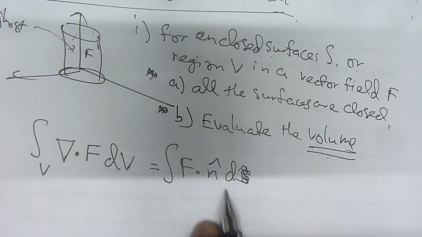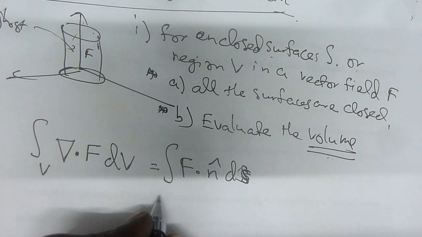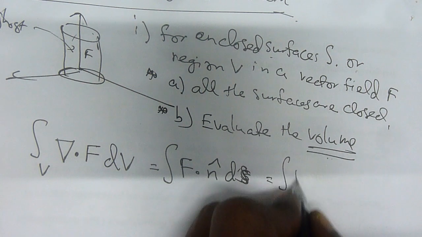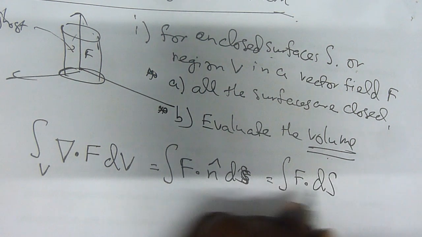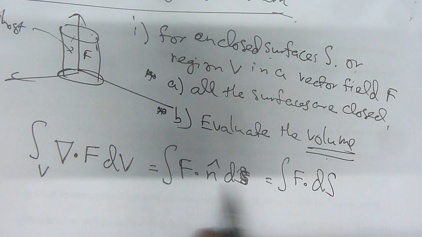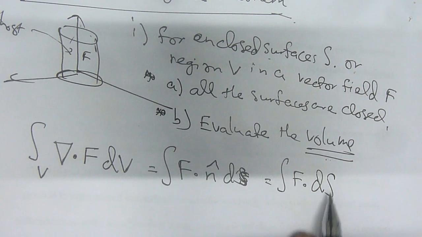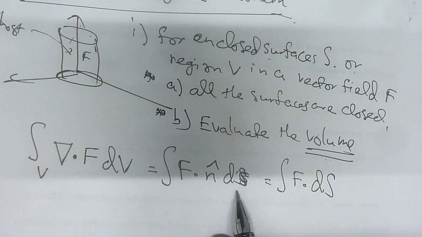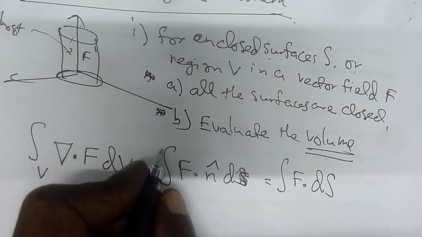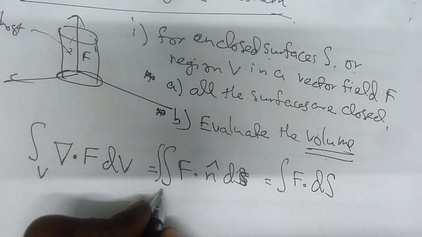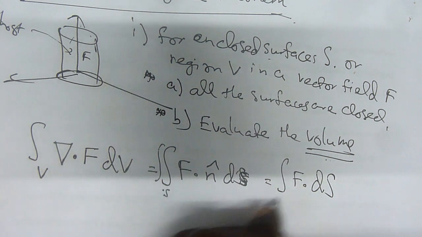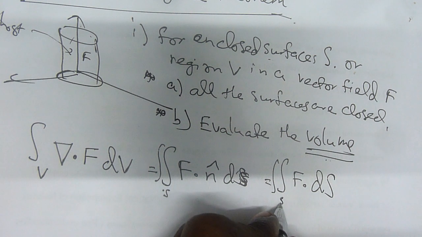Otherwise I can write F dot dS with a big S. Once I split that, the component is n ds. This must be a 2, which refers to surface based, and this also is a 2, surface based.